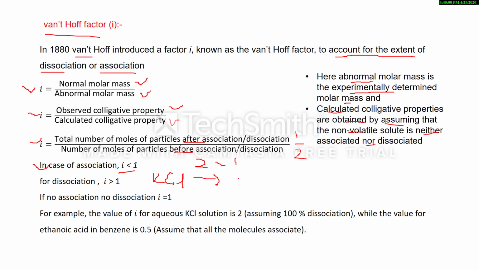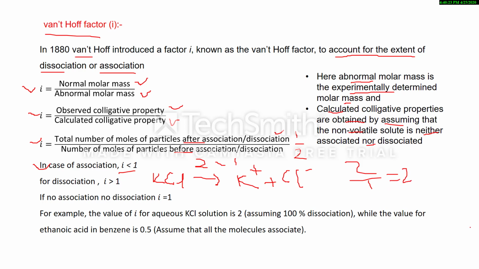This will dissociate to give two particles, K plus and Cl minus. If we apply this in the formula, after dissociation we have 2 and before dissociation we have 1. That's why this will come to 2, which is greater than 1.